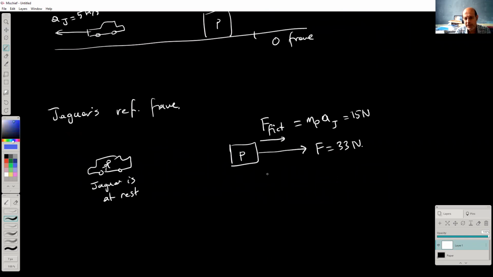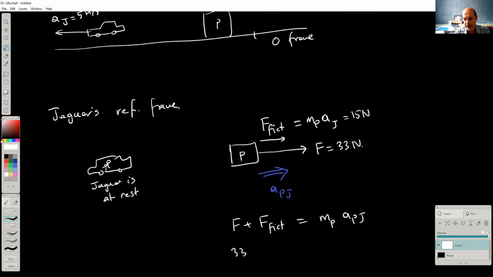So the person in the Jaguar is going to say that, well, because of that, the box is going to have an acceleration towards that direction. To find the acceleration, he just needs to add the real force and the fictitious force. It's the net force basically, and then that has to be equal to mass times acceleration.